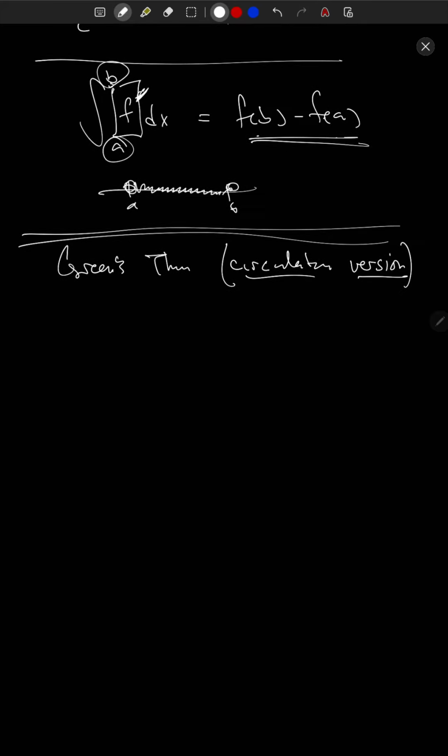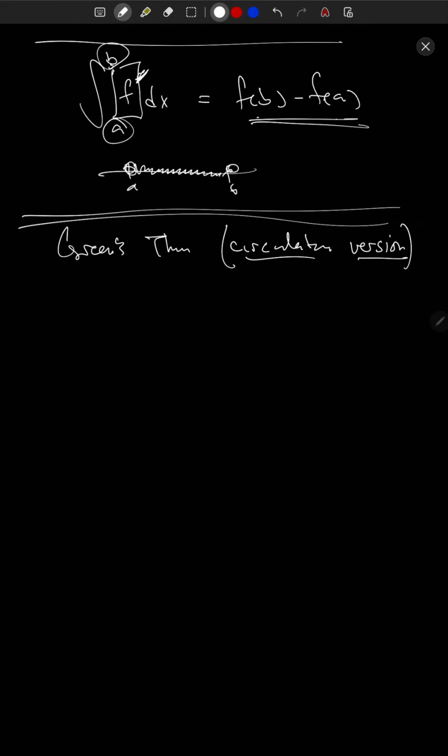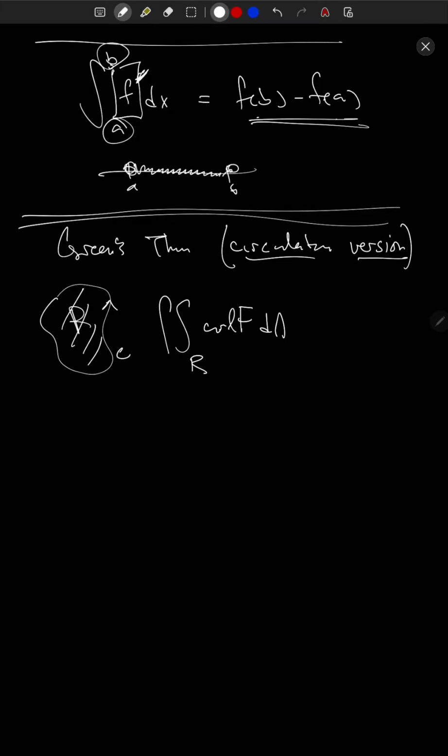Okay, so the circulation version is the same idea. You have a region R, you have C, literally the same setup. But this time it's about the curl. Curl of f over R dA is equal to the integral over C of f dot T ds.